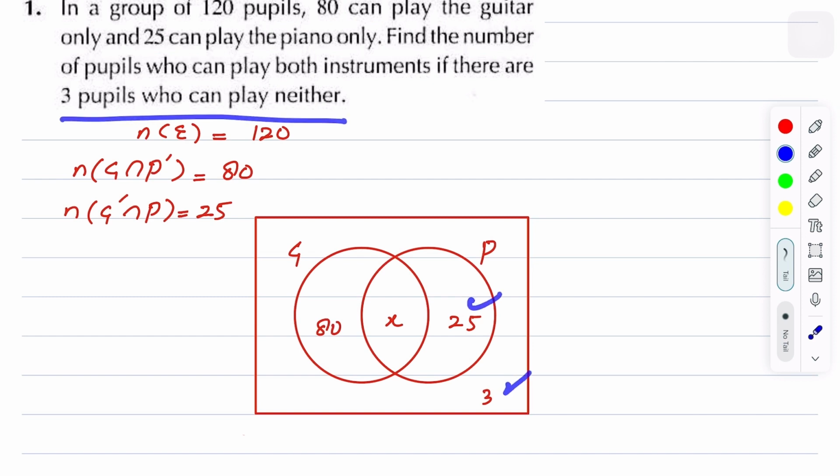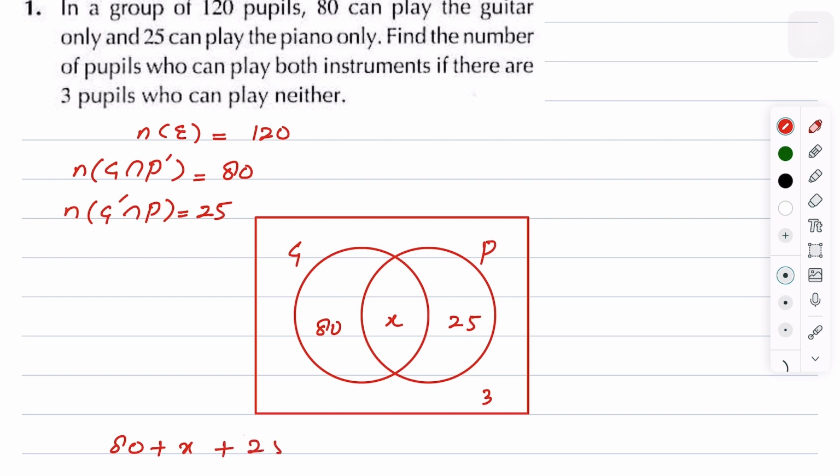So you will write all this information, and now you will put this equal to 120. You will write 80 plus X plus 25 plus 3 is equal to 120.